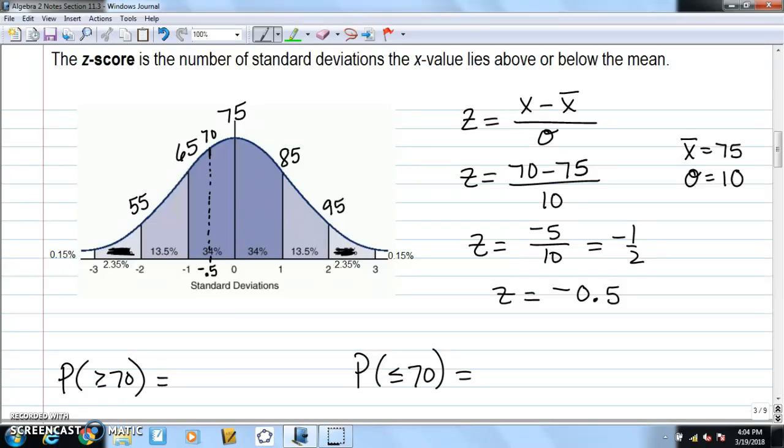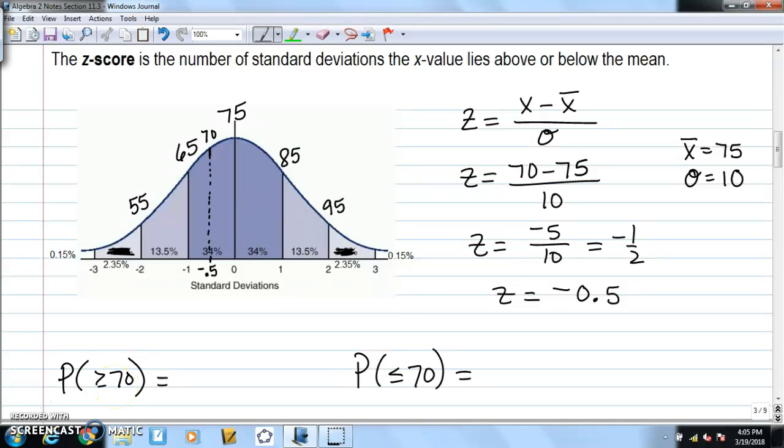Okay. This table is giving you the probability that it is greater than or equal to 70. Okay, so the probability that it's greater than or equal to 70, okay, I said that wrong.